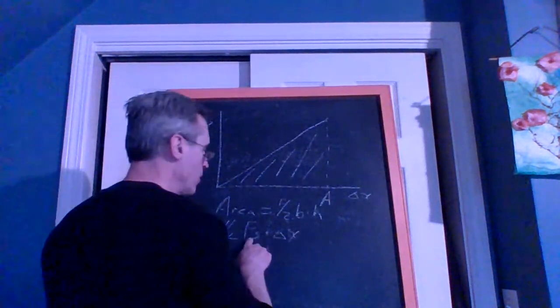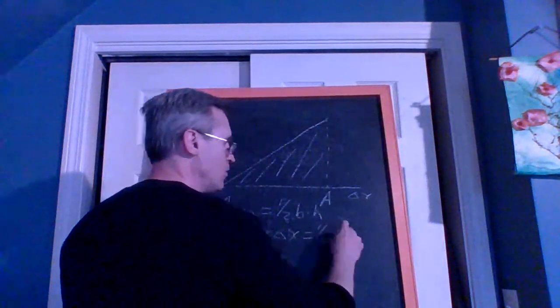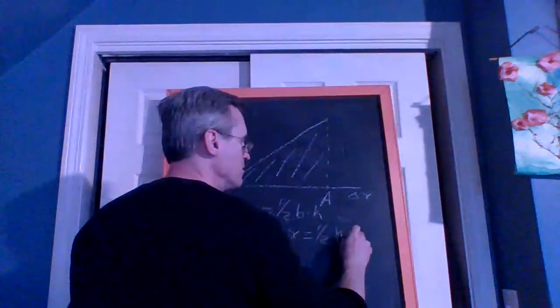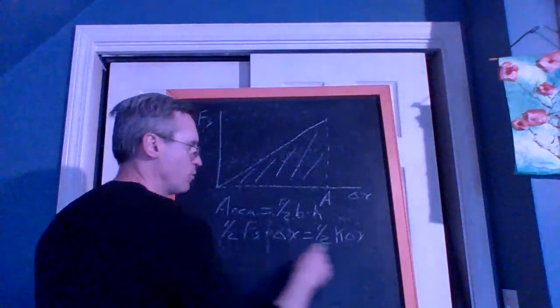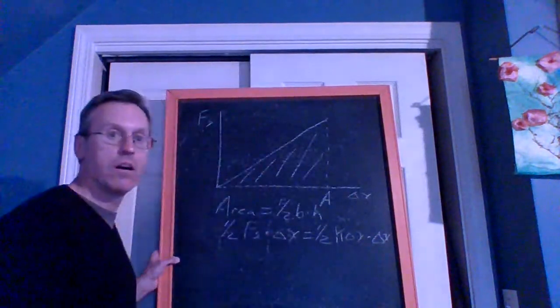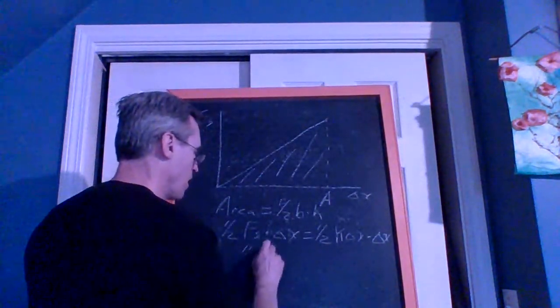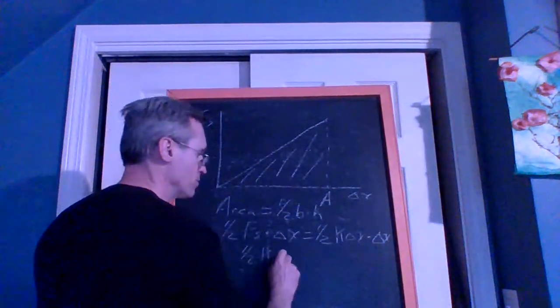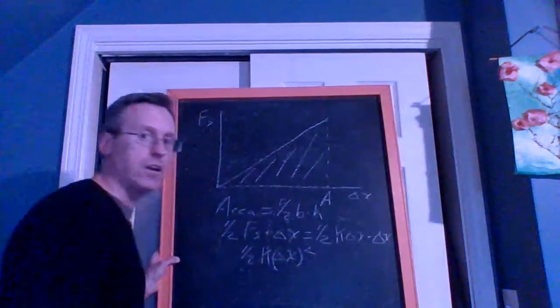Okay, I'm going to substitute Fx for 1/2. Now I'm going to use the absolute value, k delta x, because this is the force of a spring, times delta x again, okay? Well, this winds up being 1/2 k, the spring constant, delta x as a quantity squared.